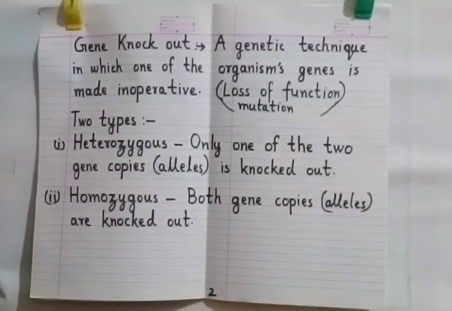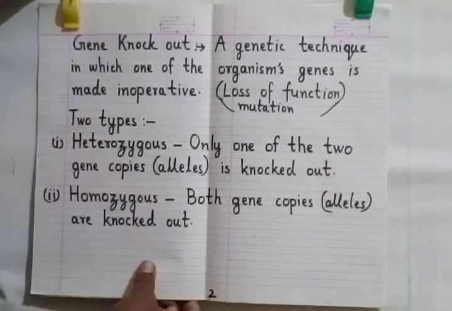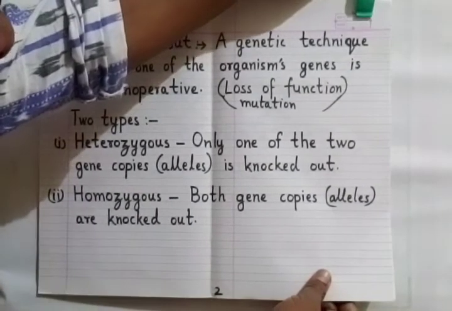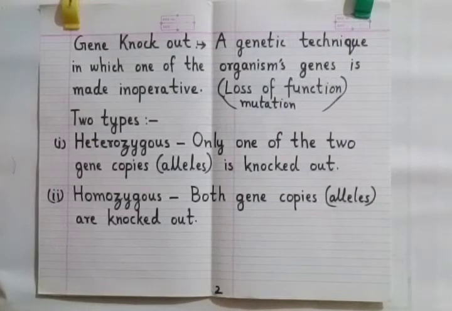Now coming to the first type of targeting, that is gene knockout. What do you mean by knockout? Knockout means removing away. Now, gene knockout means removing or deleting or making it inoperative.